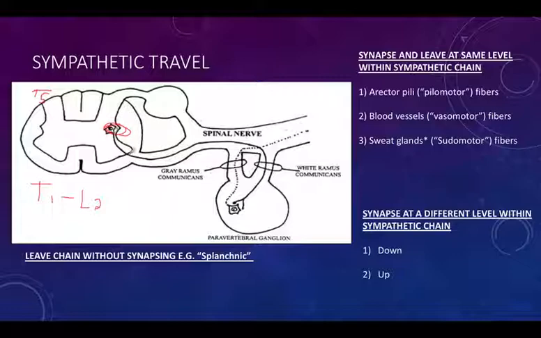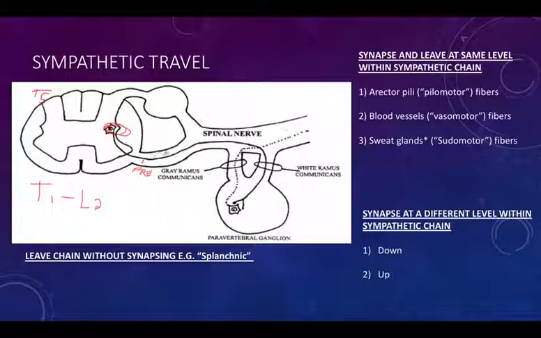Okay, so the solid line is preganglionic. The axons leave the spinal cord via the ventral root, I guess it technically would be. This is the dorsal root here, sensory information coming up, so that would make this the ventral root.